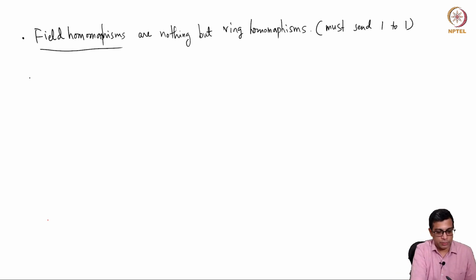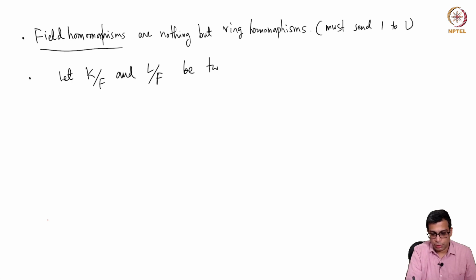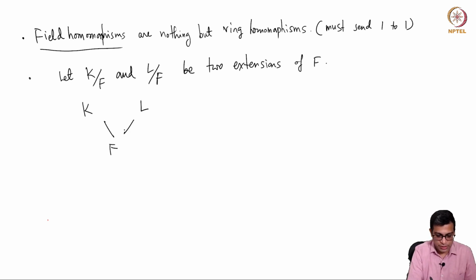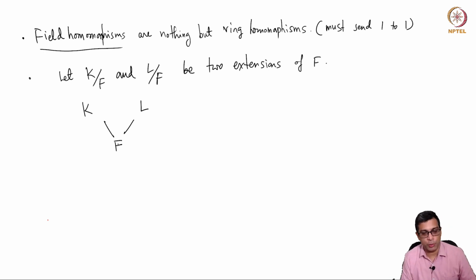What we are more interested in is the following. So let K over F and L over F be two extensions of F. So you have K, L are both extensions of F. Okay, we can consider homomorphisms from K to L that just completely disregard F and just treat them as two rings, and you look at a homomorphism.